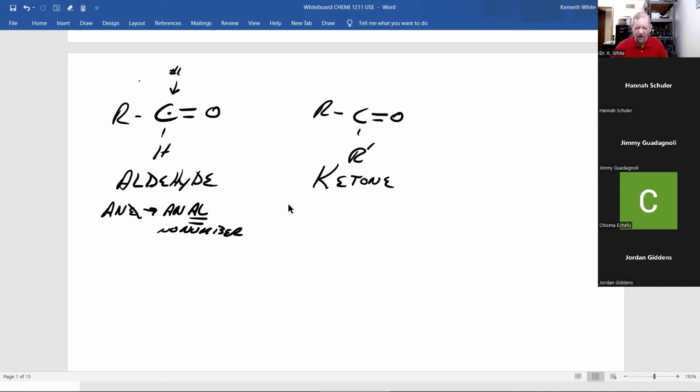Now, for a ketone, find the longest chain with the carbonyl carbon in it. And if it's acyclic, name it as the alkane it is, drop the E, add ONE, and you need a number.